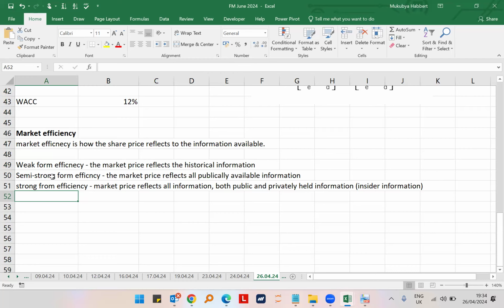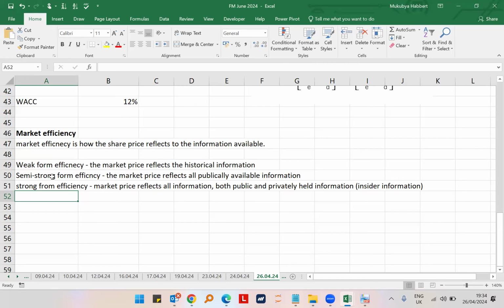But with the strong form efficiency, you can't beat the market because anything that you know is already in the market price. So even if I call you and tell you, okay, a CEO is actually about to resign, that price is already reflecting the fact that the CEO is about to resign. Now you can see why that is not going to be easy for it to happen.